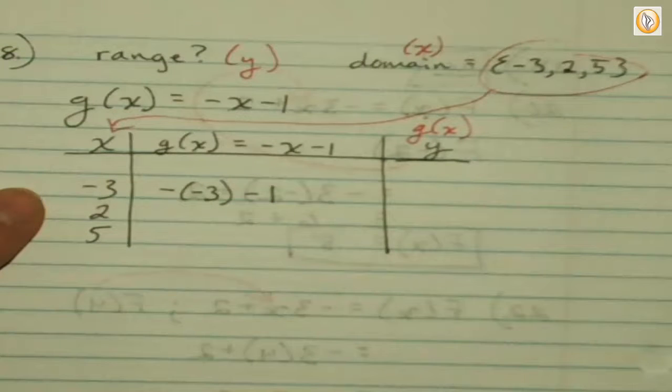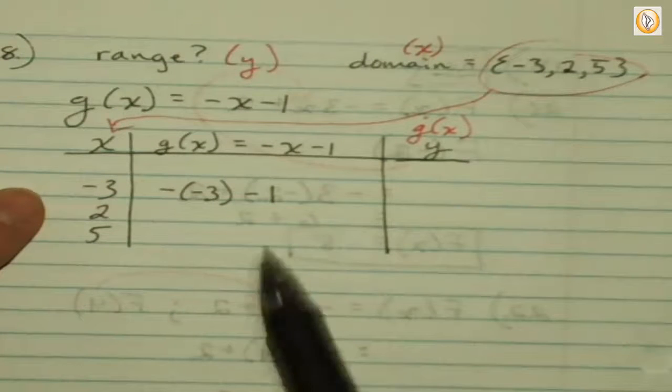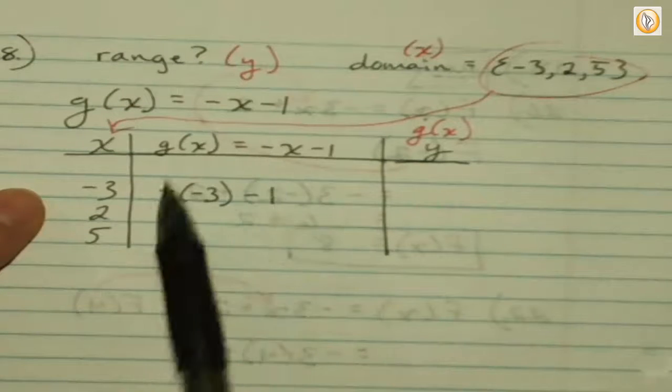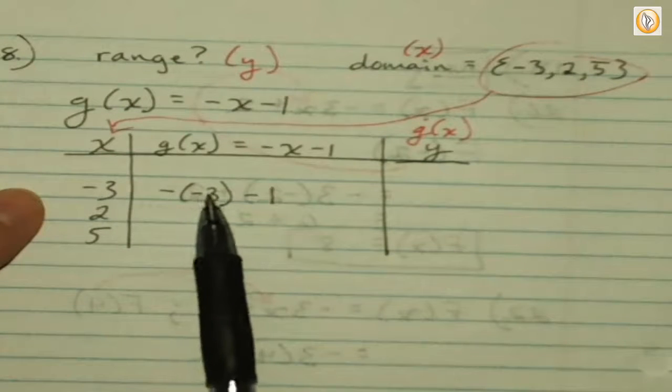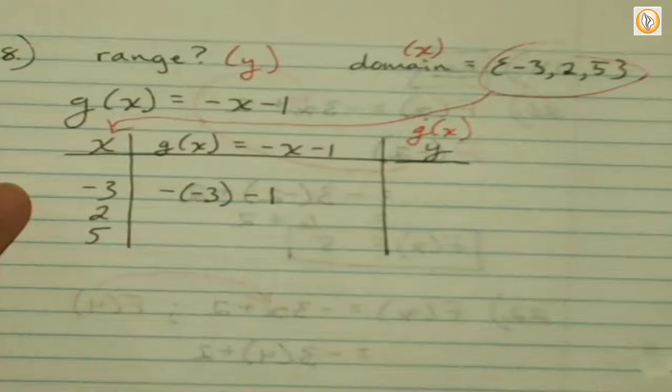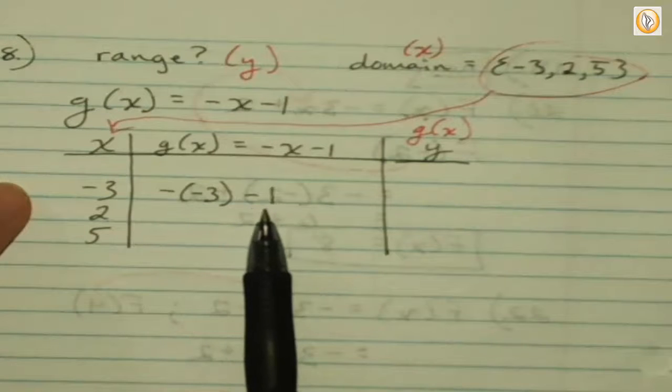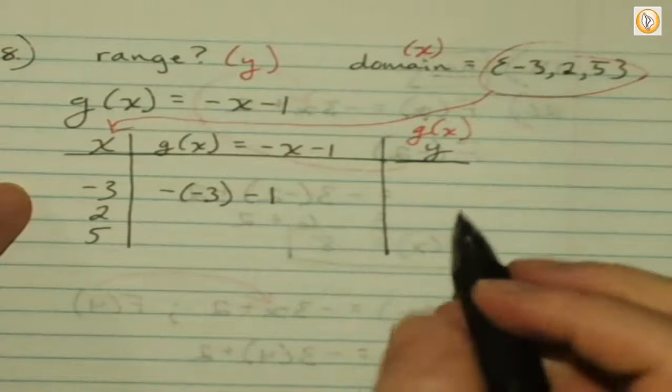Do y'all see that? This is a negative x, and we're replacing it with negative 3, so it's going to look like this. Okay, so Gabby, what is the negative of negative 3? And what's positive 3 minus 1? Very good.